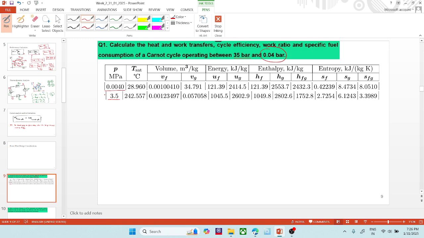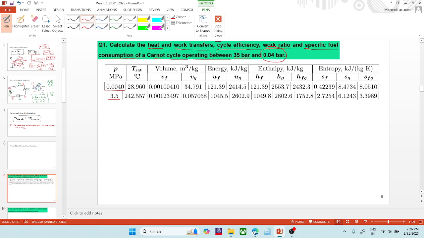Okay, so the things asked in this problem are to calculate the heat and work transfers, cycle efficiencies, work ratio, and specific fuel consumption of a Carnot cycle operating between 35 and 0.04 bar. This is the example of the Carnot cycle, and here we will see how much pump work we will get.